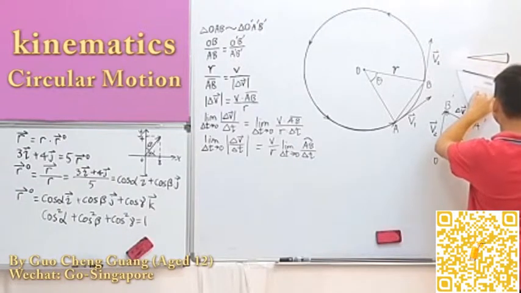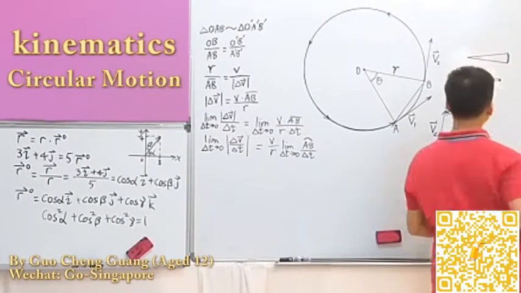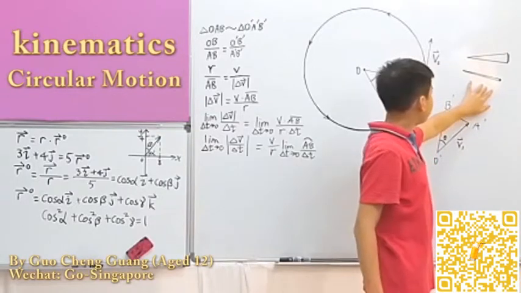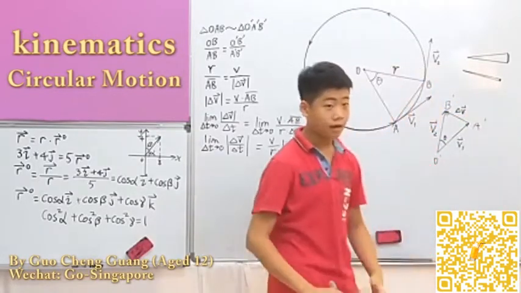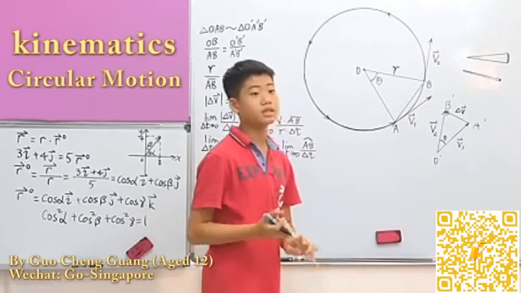Then what you see is that it completely overlaps. When it overlaps, that means it is the same. So that's why we can take it either as a chord, or we can also take it as the arc here.